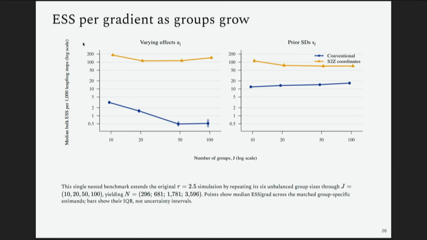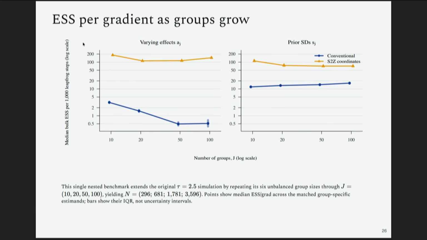All right, so this slide here is going to show us a log plot of the leapfrog steps on the log scale. And so what I did is I extended the simulation out. And so I said, okay, what if we had 10 groups or 100 groups? How does this scale? And how does this scale versus the conventional model?